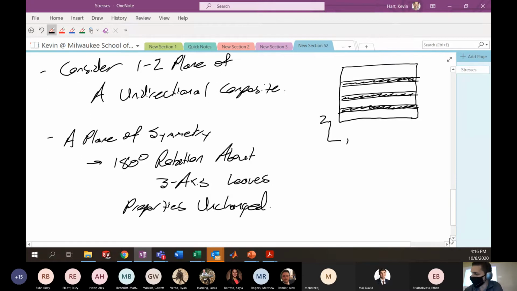So what I want to do is rotate 180 degrees about the 3-axis into a new coordinate system that I'll call the 1', 2' coordinate system.